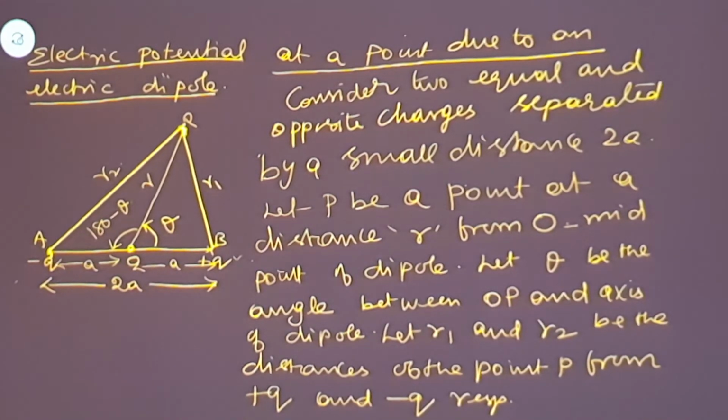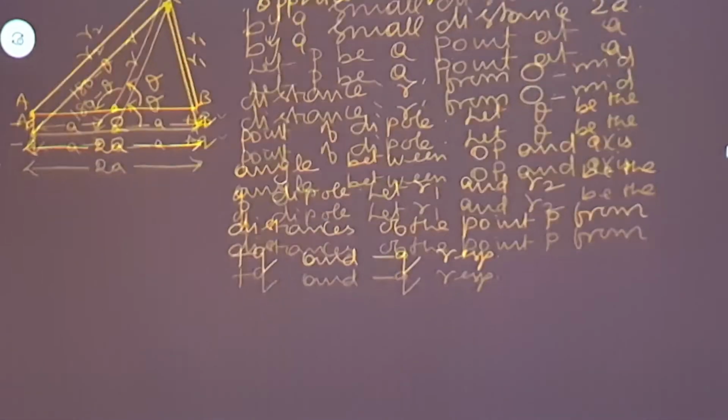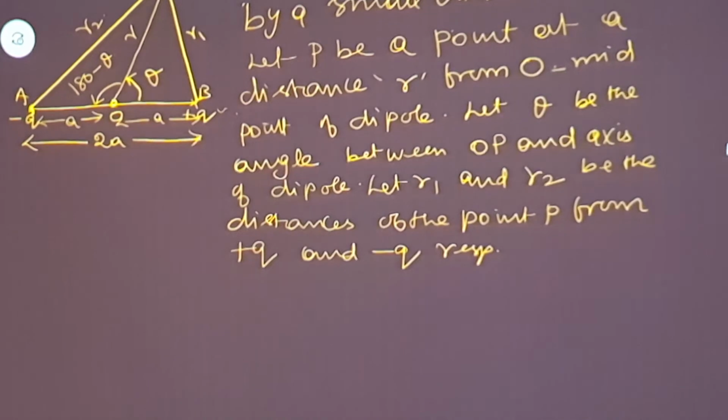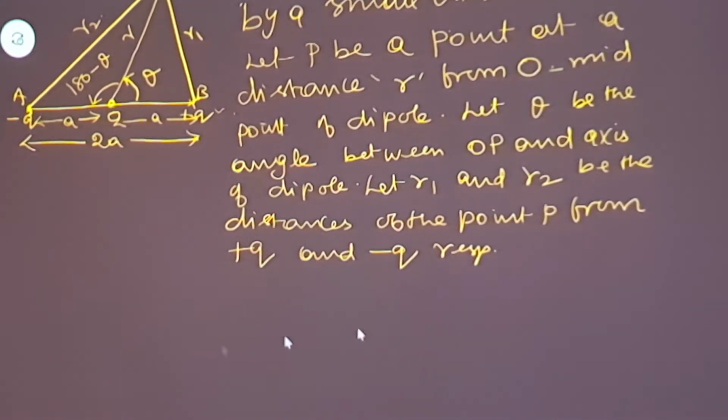So we have written the description. Have this diagram in your mind or draw it again, and with the help of the diagram we are going to derive. Already we have calculated the potential at a point due to a point charge in the previous case. We are going to use that.